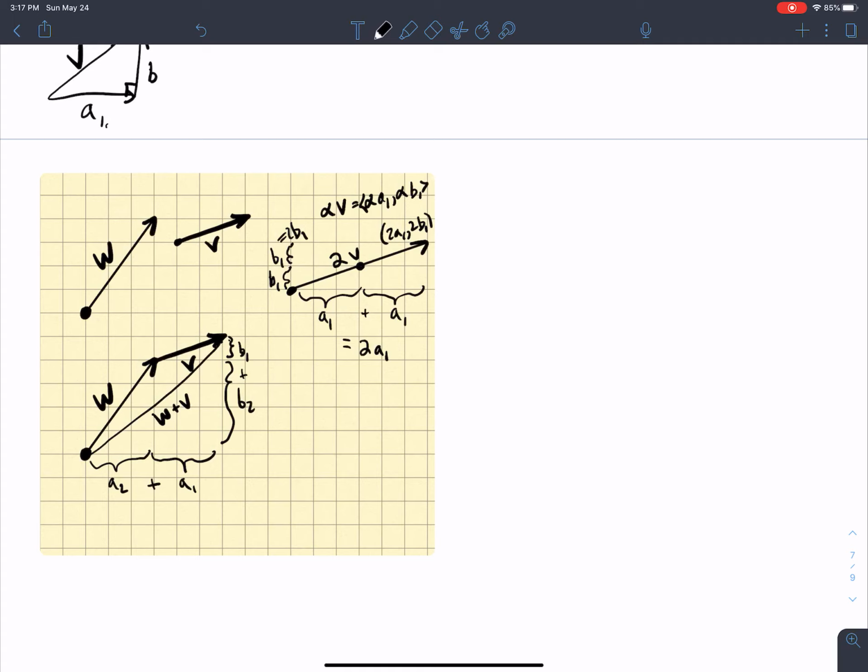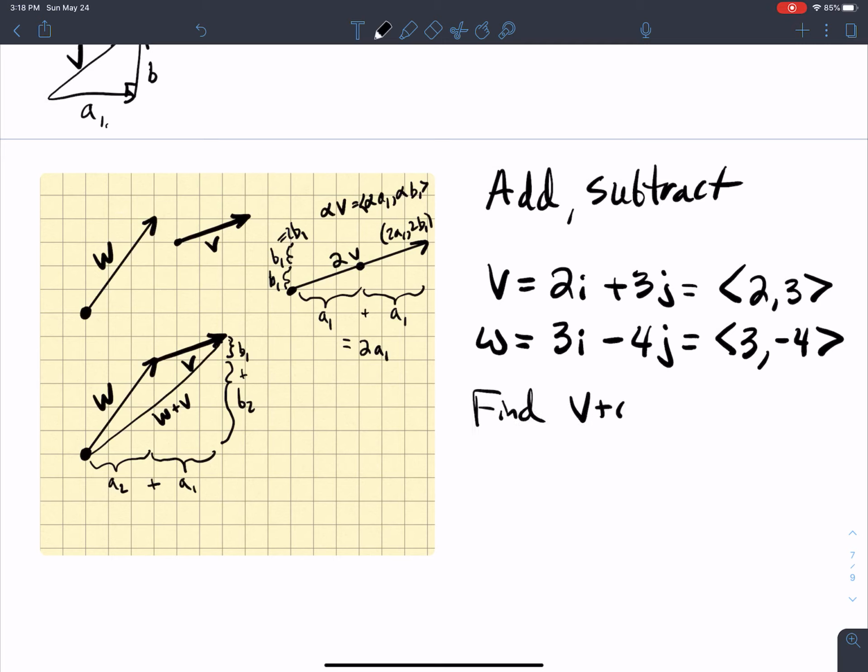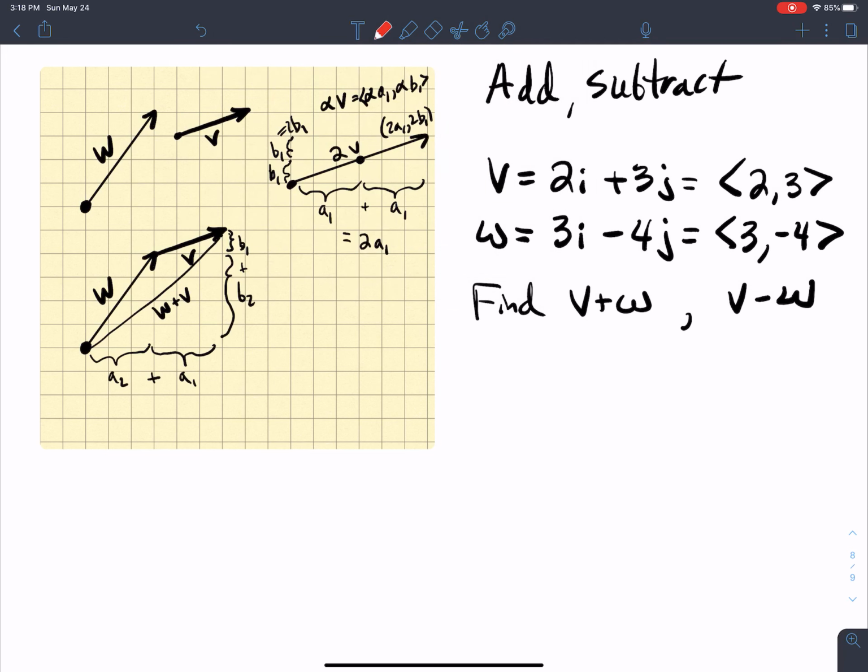Let's do adding and subtracting. V equals 2i plus 3j, this is (2, 3), and W equals 3i minus 4j, that's (3, negative 4). I want to find V plus W, and I want to find V minus W. To find V plus W, I'm going to add the i components.